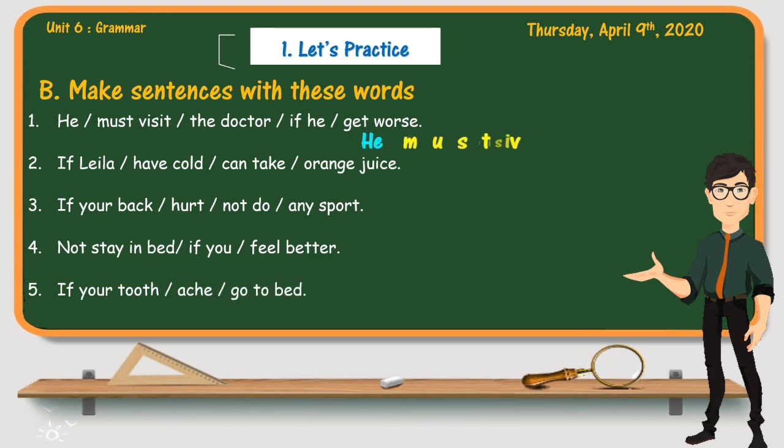Let's do number 1 as an example. So we do have words like he must visit the doctor if he get worse. So the correct sentence is he must visit the doctor if he gets worse.